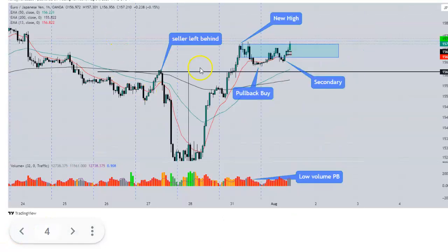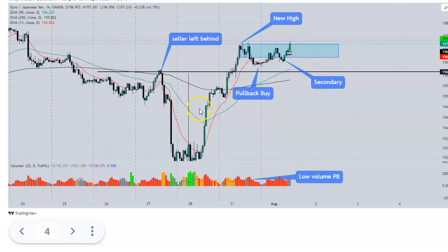Back to Euro Yen, we're going to go ahead and dissect this. So we had this sell off here. This is where the news came out, spiked, left all this volume as it broke upwards. And keep in mind the fact that this line below is still seller's territory, and they could hit the sells at any time.